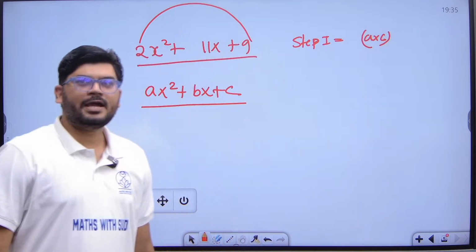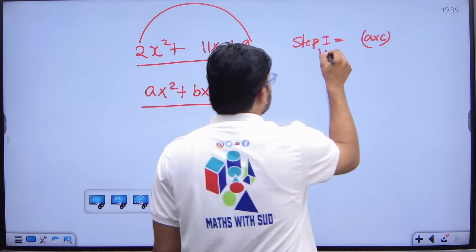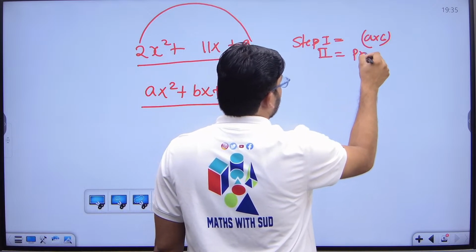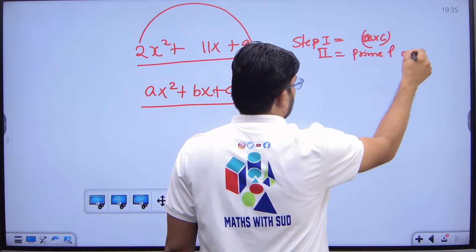You will multiply a into c, and simultaneously, in step 2, you will do the prime factorization as well.